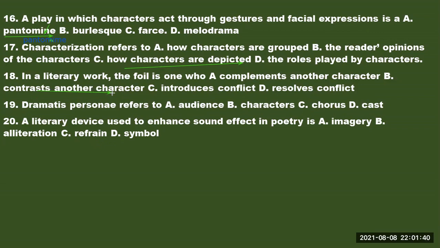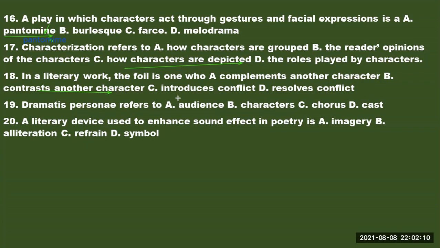For example, if the protagonist, the major character, is harsh, then the foil is going to be considerate, so that is to highlight the opposite characters, to make a contrast, all right? So that is what a foil does.